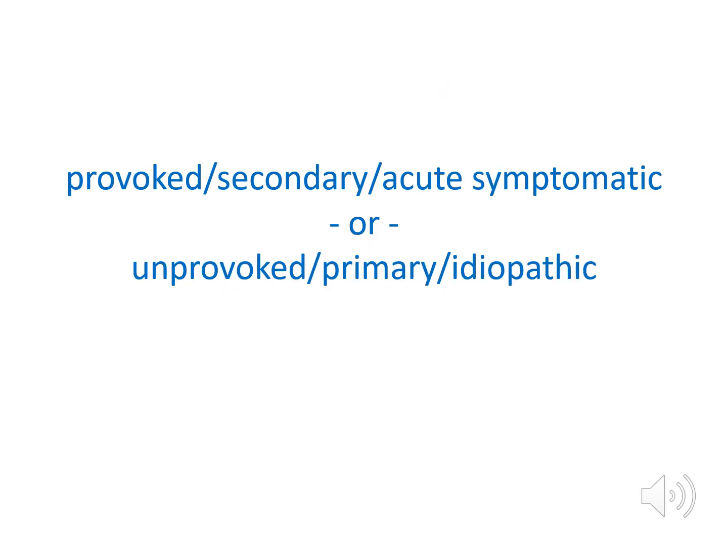Now, we often divide seizures into two groups. We have provoked, secondary, or acute symptomatic seizures, as opposed to unprovoked, primary, or idiopathic seizures. And I put all of those different names for those classes of seizures on there because I think they all give you some clues as to what that type of seizure is all about. So, a provoked seizure is a seizure that's provoked by some other disorder.